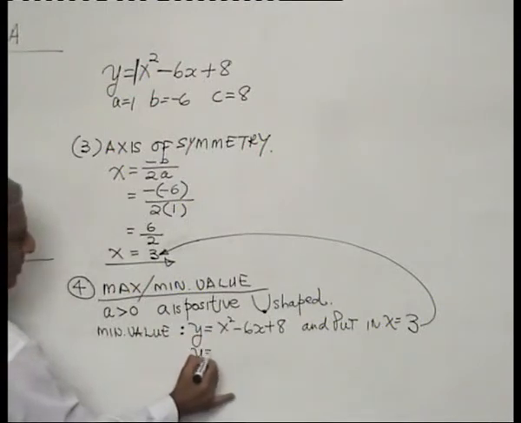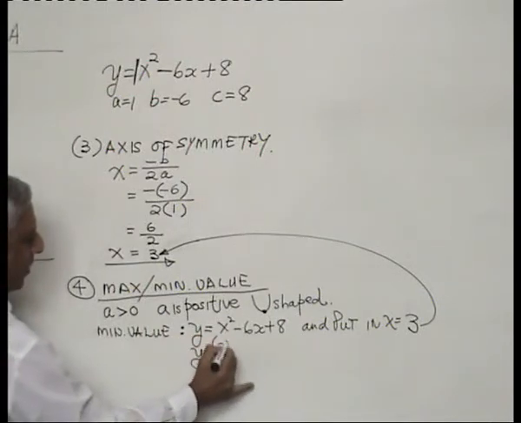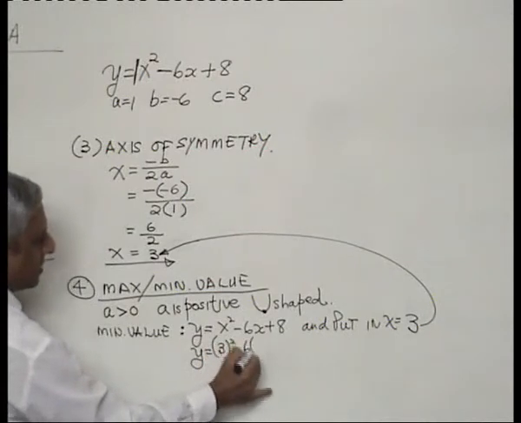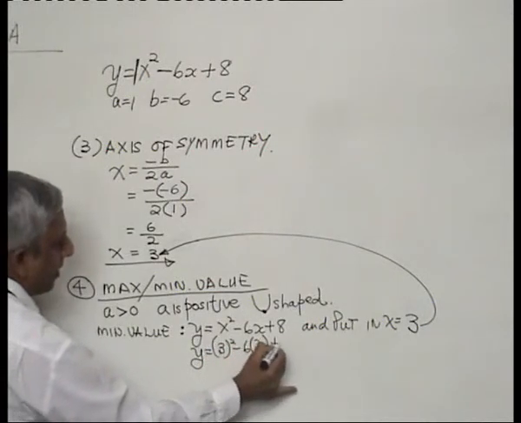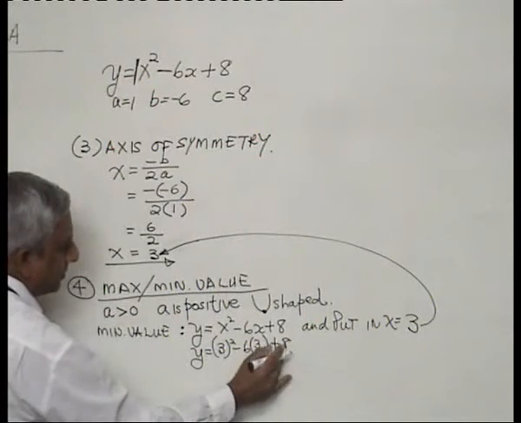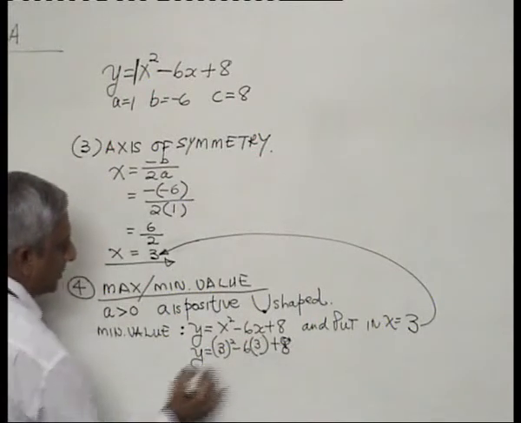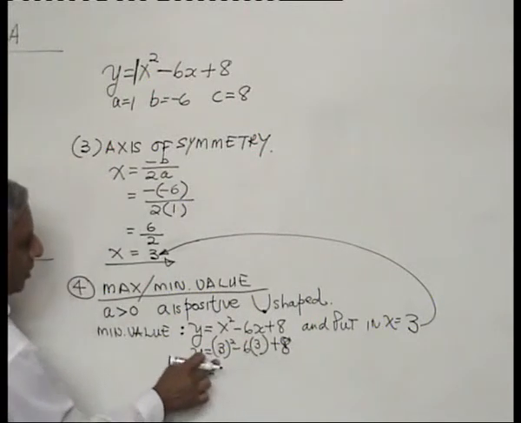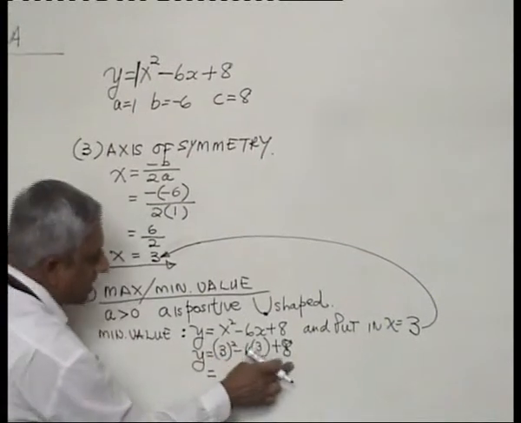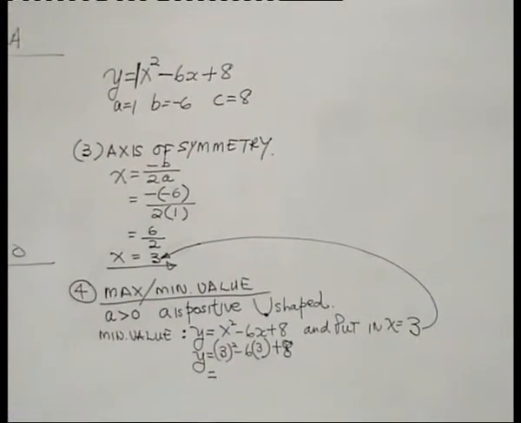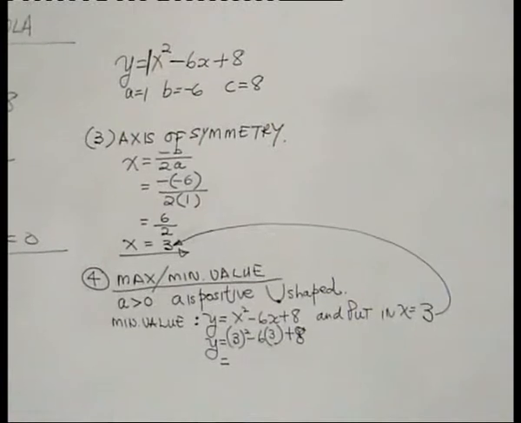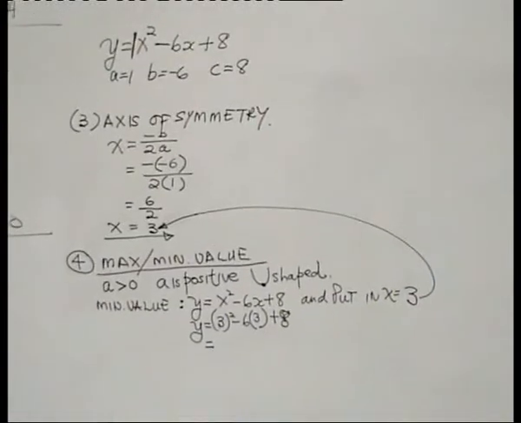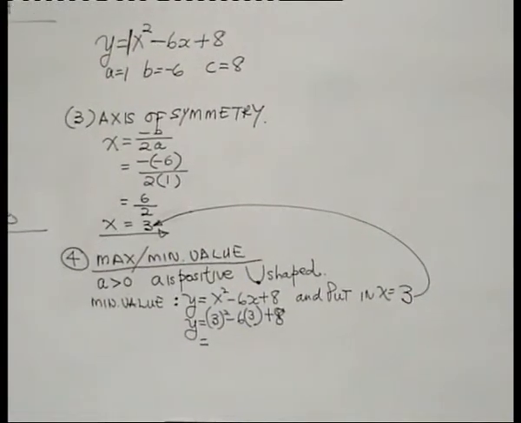So y is equal to 3 squared minus 6 into 3 plus 8. Now, you can put this in your calculator with the brackets and the powers, and find the value of y.